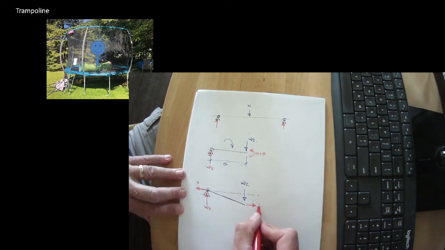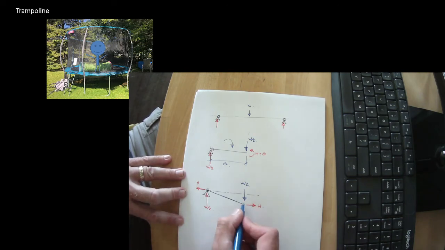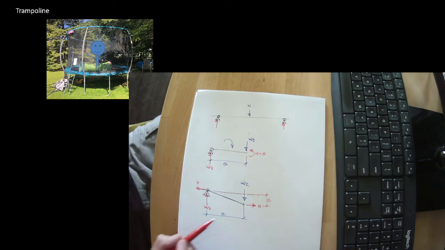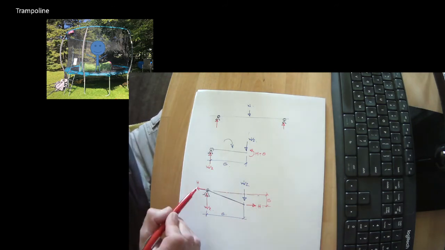We have a horizontal force and a horizontal force. So this is our forcing arm, our eccentricity of load. This is our eccentricity of resistance. And this horizontal force has to be large enough to hold it in equilibrium.